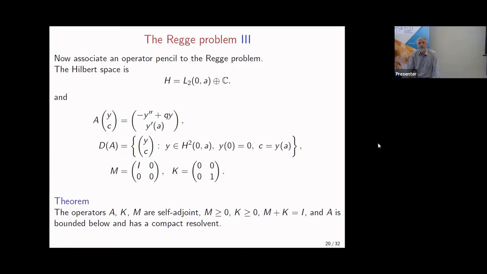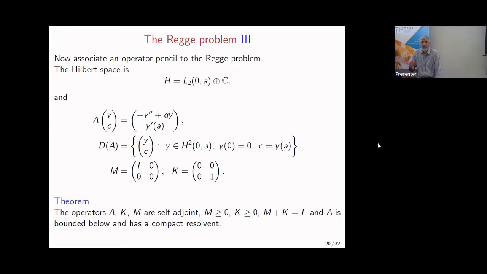The domain of A is the set of all y and C with y(0) equals 0 and C equals y(a). So we have the normal 2-point boundary condition, and that gives us a self-adjoint operator. Well known. These operators are self-adjoint. The operator M is just I, 0, 0.